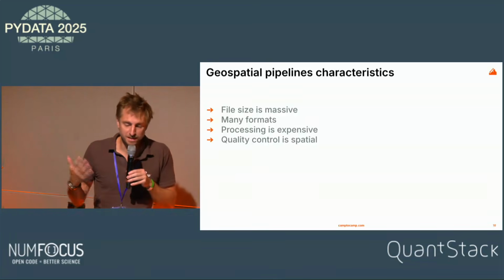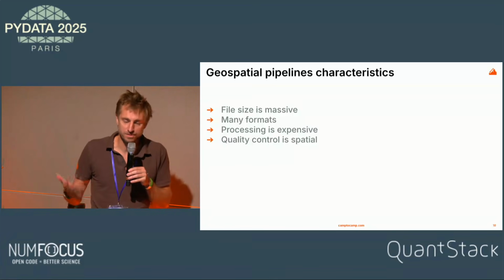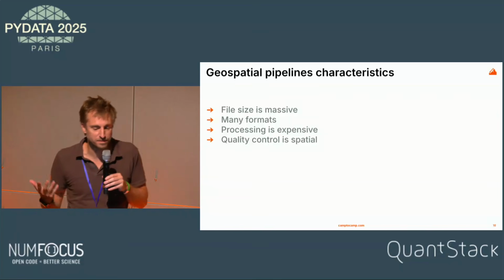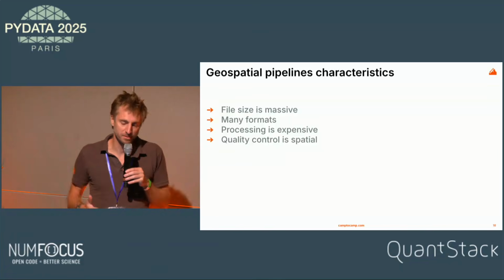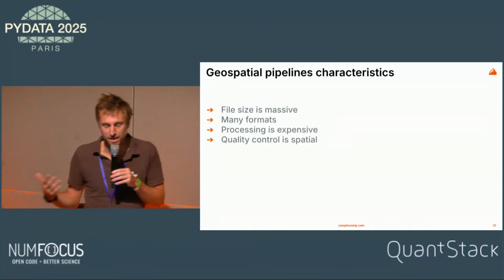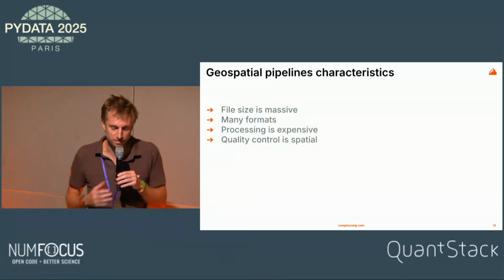Then there are many different formats. When you deal with tabular data, you have JSON, CSV, and maybe others. But when you deal with geospatial data, there are many proprietary formats like shapefile, and there are also a lot of different formats that you need to deal with.